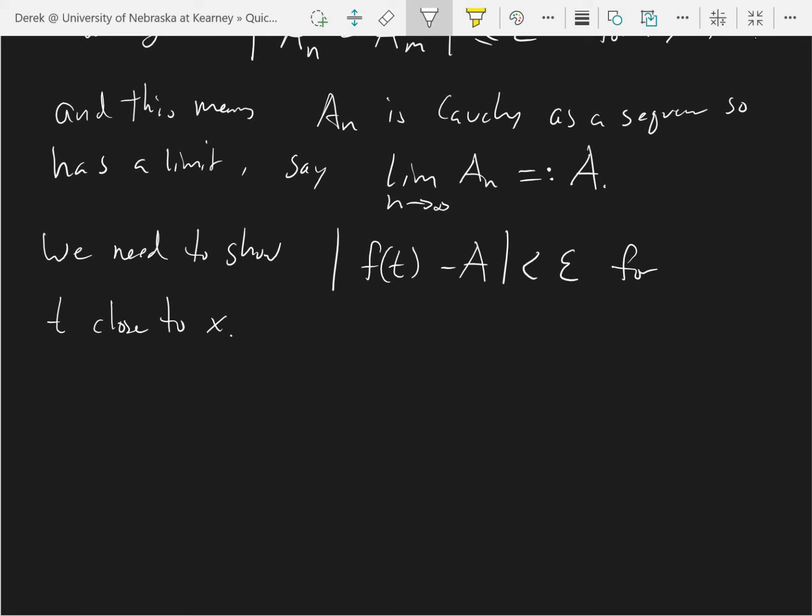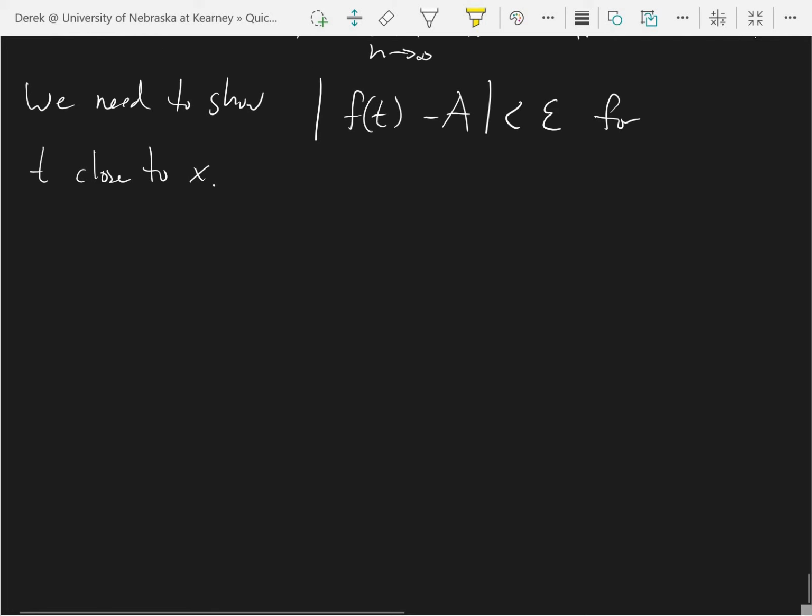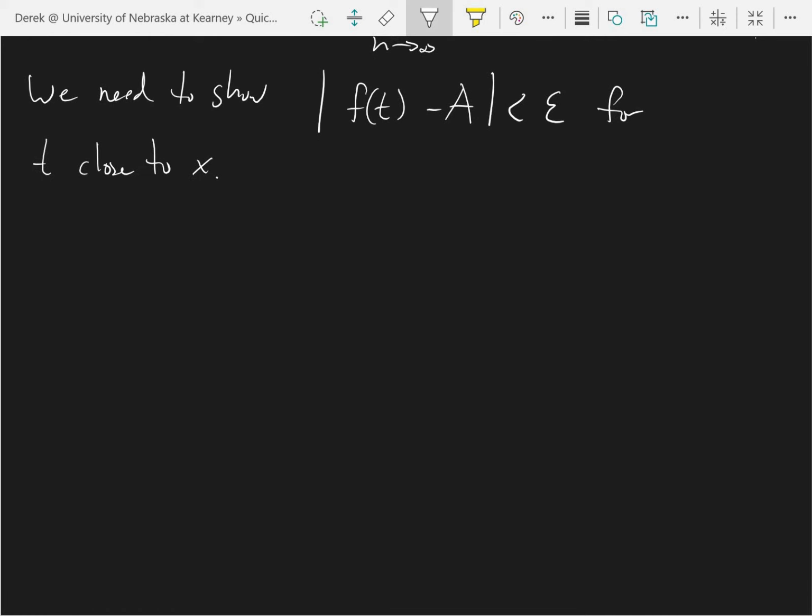Alright, so let's look at f of t minus a. We're going to use the triangle inequality and we're going to add and subtract a bunch of things.